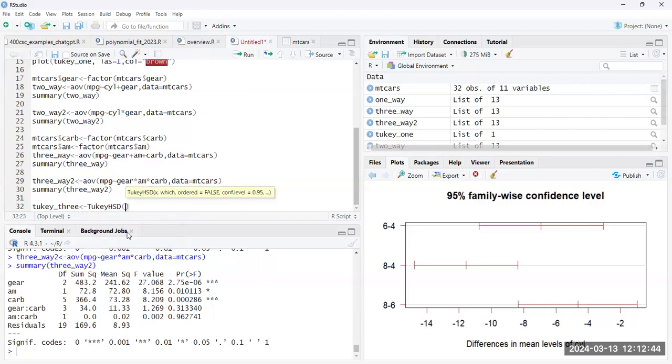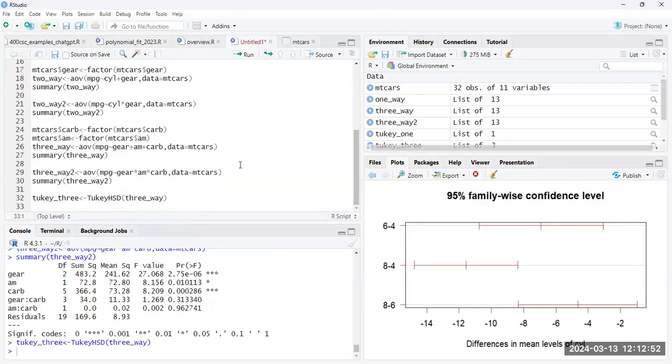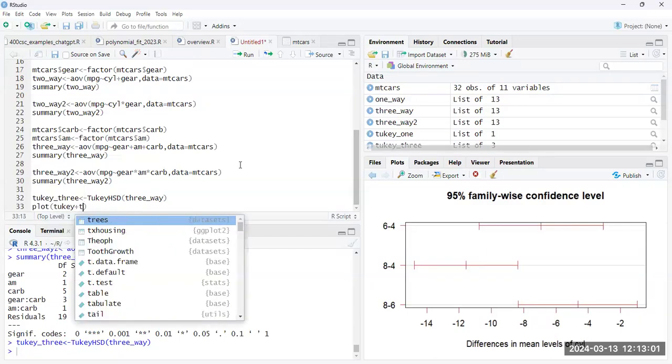Tukey HSD. And we're going to do that on the original three-way. And then we're going to plot the results rather than look at the outcome first. Tukey 3.